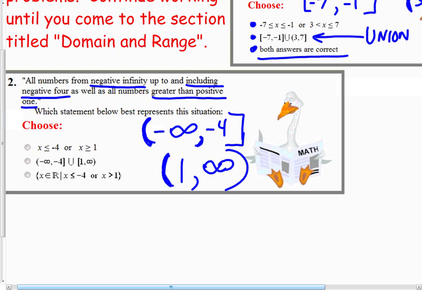Parentheses. Does that look like this one right here? That matches up. So that definitely works. Do any of the others work? Greater than +1. That's greater than +1. That's less than or equal to -4.